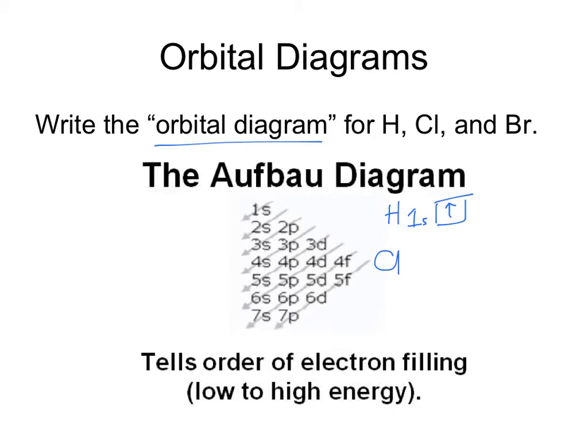There are a couple of different ways you can do this. You can show your levels in height. So we've got the 1s, 2s, 2p, kind of like the diagram had you going. And that's going to give me 1, 2, 3, 4, 5, 6, 7, 8, 9, 10.